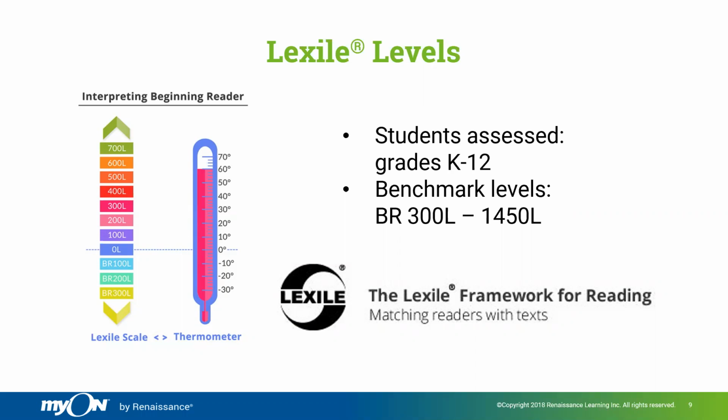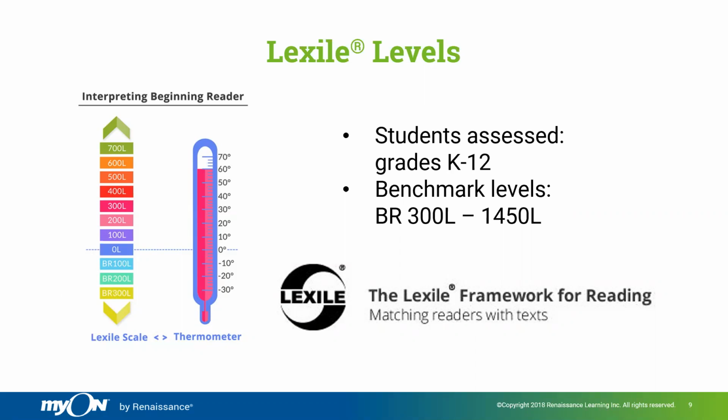Now, as you'll notice, we have some scores that come in below a Lexile level of 0. These are going to be for those really young students or those that are very early in their English language learning journey. Now, we obviously don't want to represent a negative number for these students.